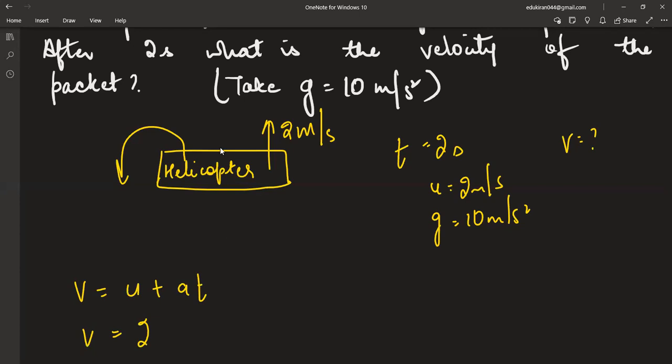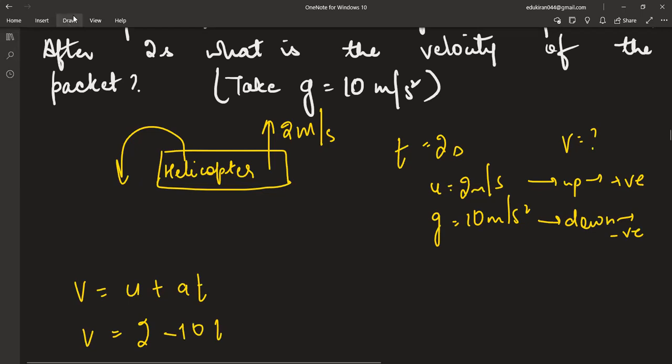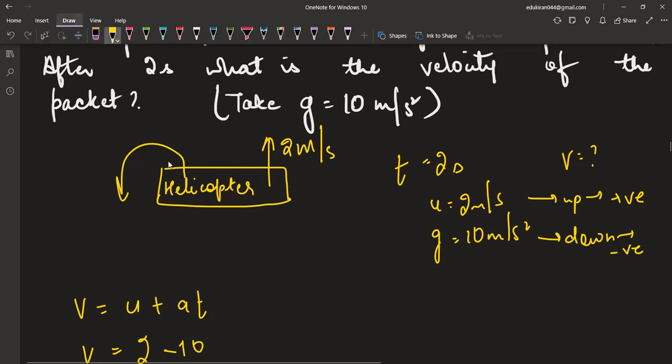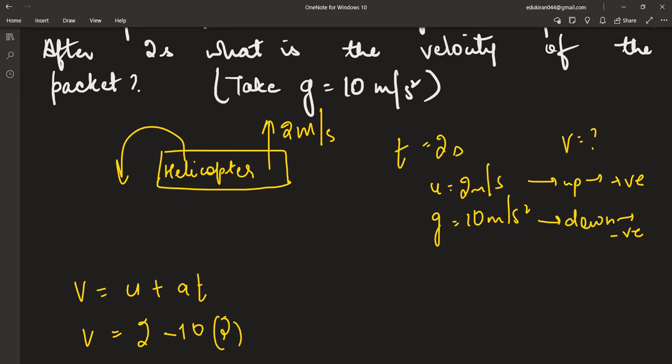Again, see, we have to have two sign conventions. See, initial velocity is upwards. The food packet is thrown like this, first upwards, then downwards. So initial velocity is acting upwards, and acceleration due to gravity is downwards. So let's take this as positive, this as negative. You can take any direction. So 2 minus g, which is 10, times time, which is also 2 seconds, so this becomes minus 18 meters per second.